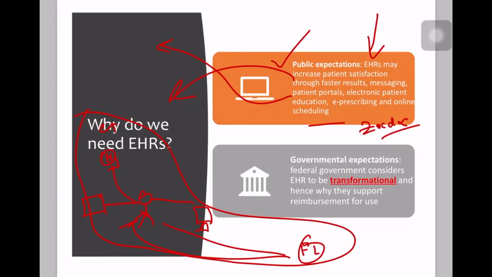Based on that, EHR is very favorable to the federal agencies, and that's why, as we will see in the next lecture, the federal government has several programs where they support different hospitals and clinics to adopt electronic health records, and they even pay them for buying the software, for the training, and for using the EHR.